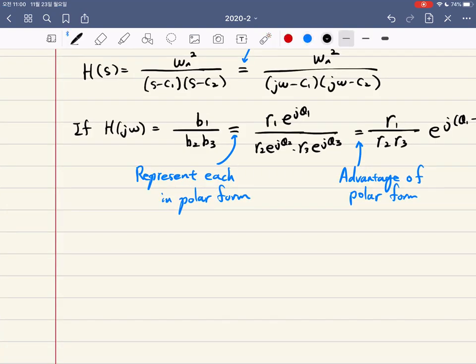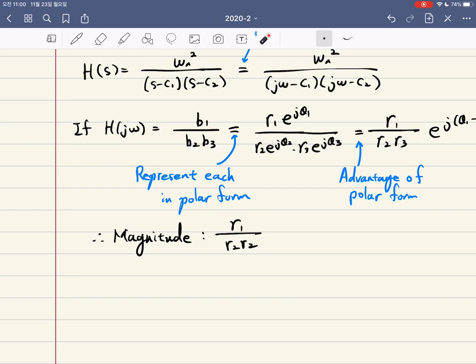So the magnitude can be obtained by multiplying all of the magnitudes of the numerator and dividing by the multiplication of the magnitudes of the denominator.